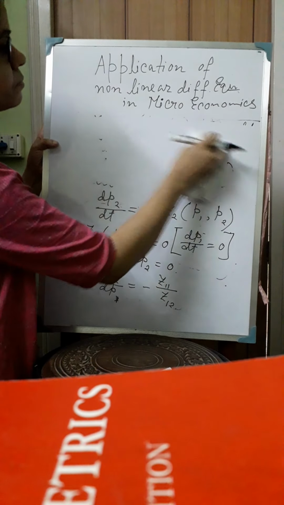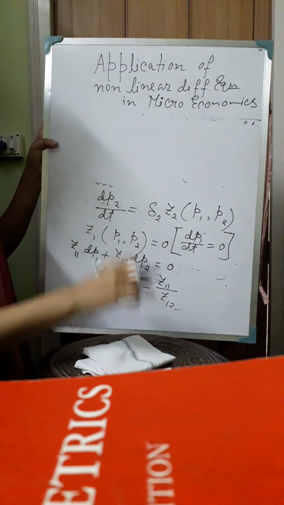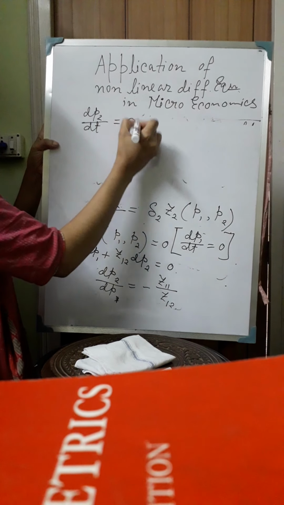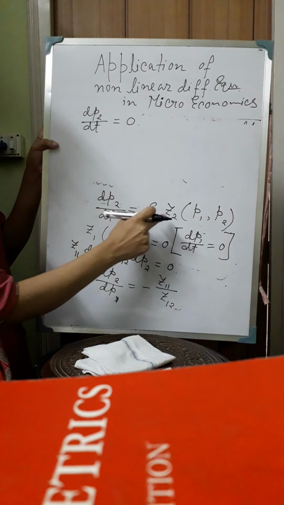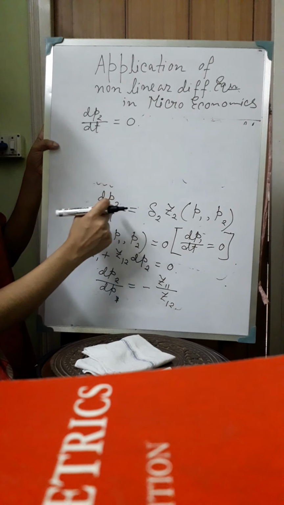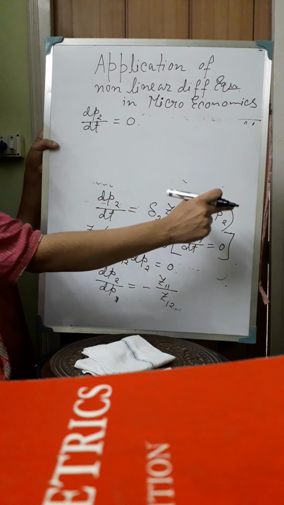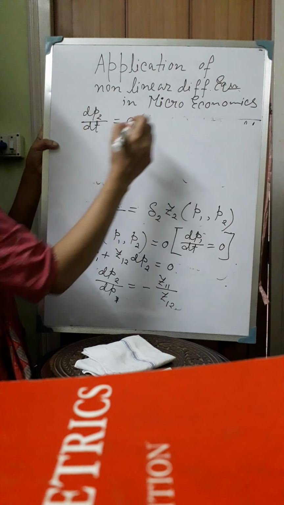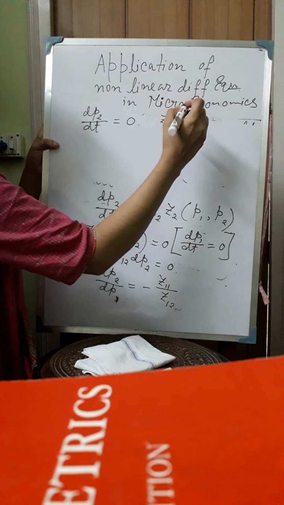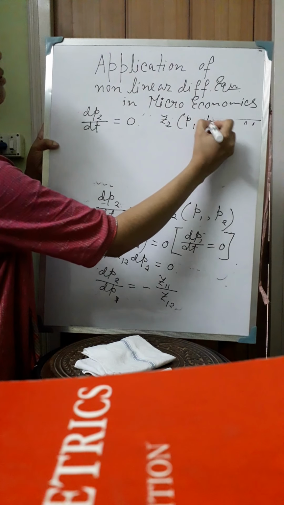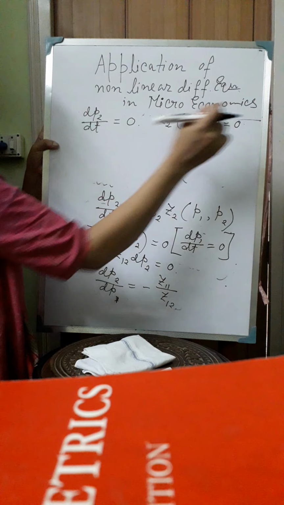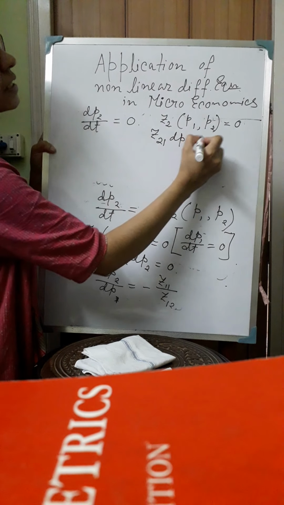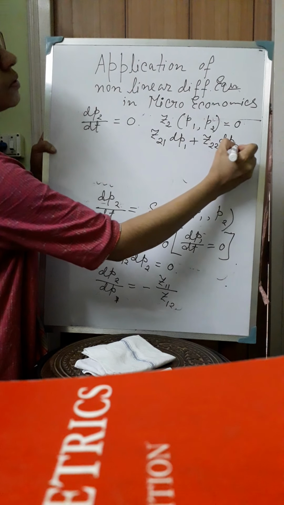Now when there is equilibrium in market 2, then we can say that dP2/dt is equal to 0. Because dP2/dt is equal to delta 2 into Z2(P1, P2), when this is equal to 0, then Z2(P1, P2) is equal to 0. So in equilibrium Z2(P1, P2) is equal to 0. From here we can write Z21 dP1 plus Z22 dP2 is equal to 0.